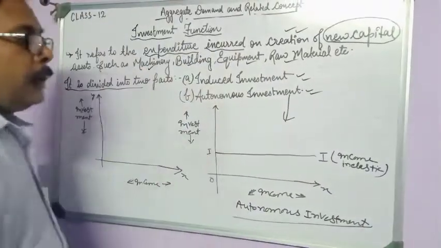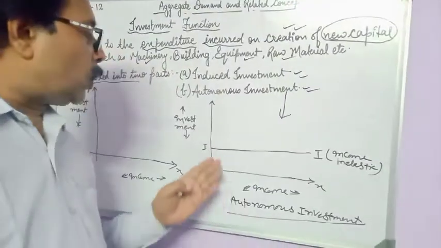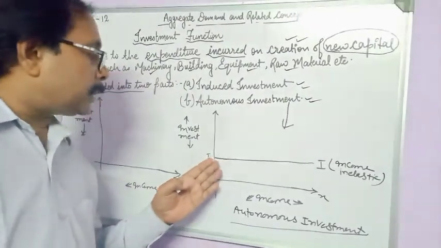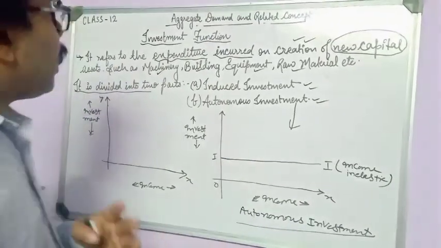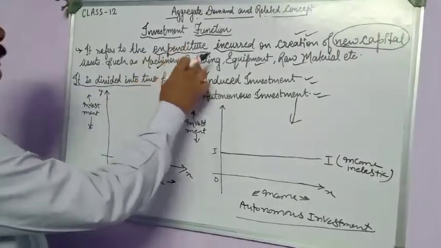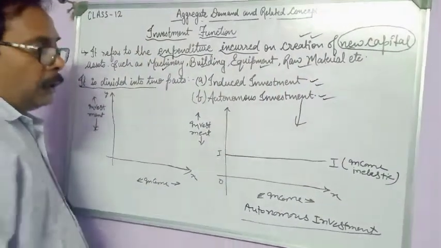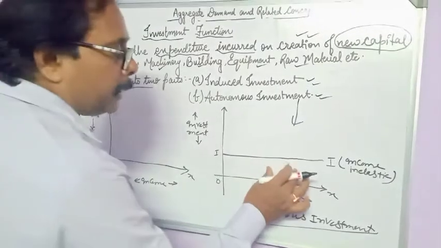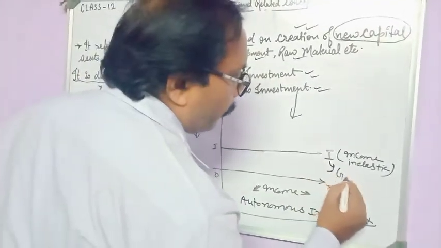Clear? Now, a question will come in your mind: autonomous investment is always constant at all levels of income, then how will the machinery, the buildings, the equipments and the raw materials change? So here one thing always remember, this investment is basically done by the government.